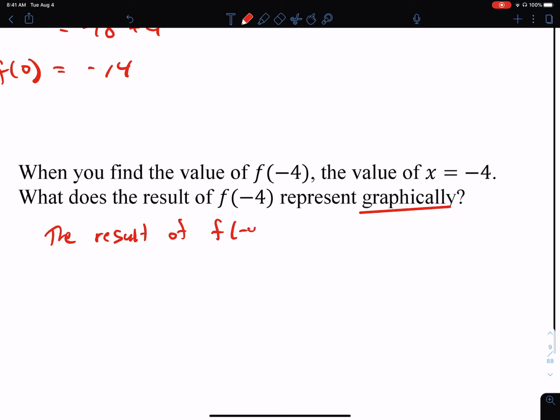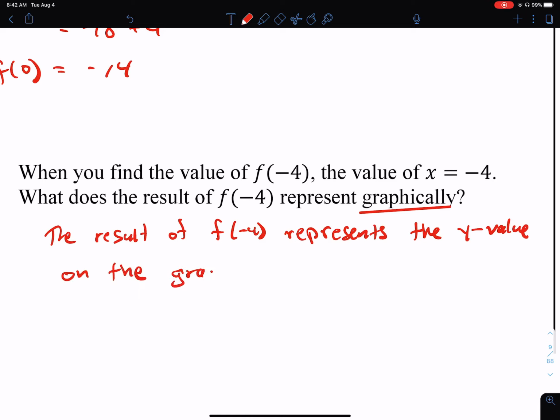of f of negative 4 represents the y value on the graph of f of x when x equals negative 4.